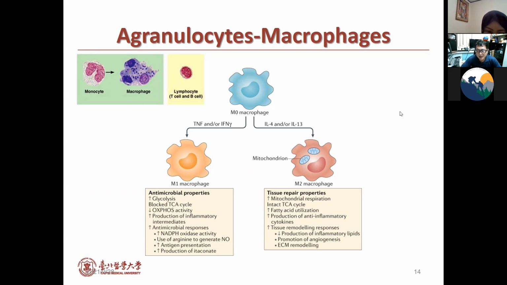So a lot of studies try to figure out what kind of mechanism or candidate can block activation of M2 macrophage or reverse M2 macrophage into M1, which kills the tumor cells. This is an important topic so far in cancer research.